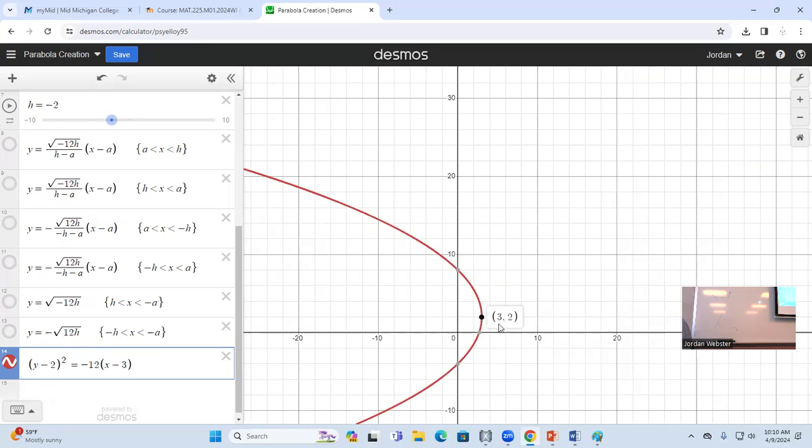And obviously, this switched because now the y value is being subtracted. The 2 is being subtracted from a y value. So we can see that 2 is on the vertex. So the vertex is the leftmost or rightmost point.